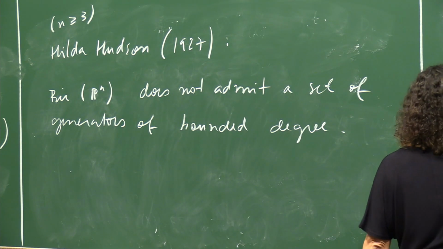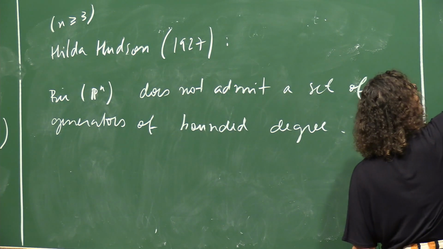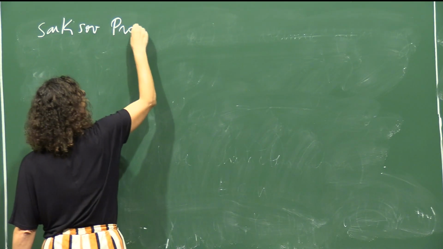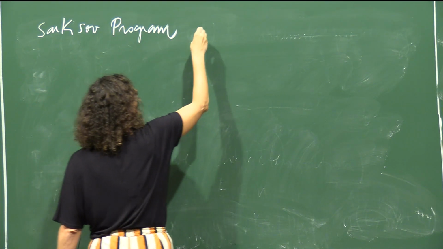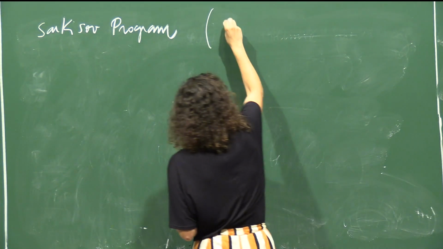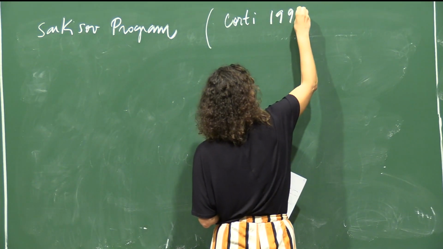So let me explain the idea. The Sarkisov program, in dimension 3, was proved by Corti in 1995.